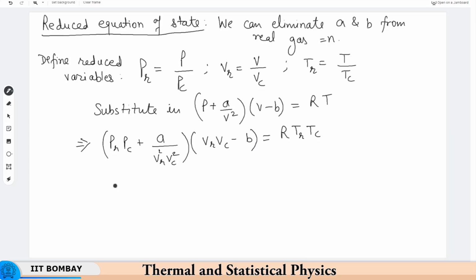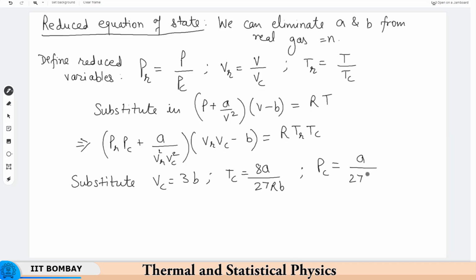Next, we'll again substitute V_C equals 3B, like we evaluated before, T_C equals 8A divided by 27RB, and P_C equals A by 27B squared.